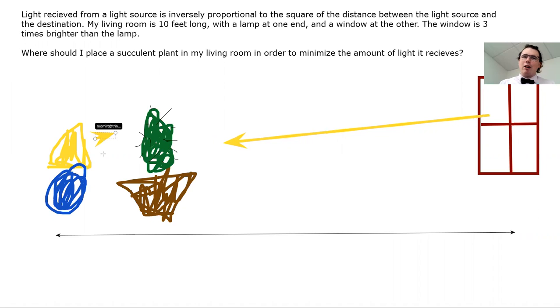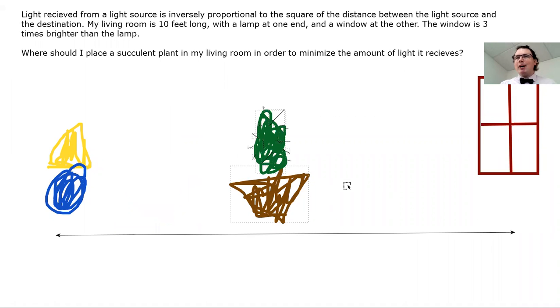But now more of the light is able to make it to the plant coming from my lamp. In order to actually quantify what's going on, I am borrowing a little bit of wisdom from, say, physics. This bit here: the light received is inversely proportional to the square of the distance.